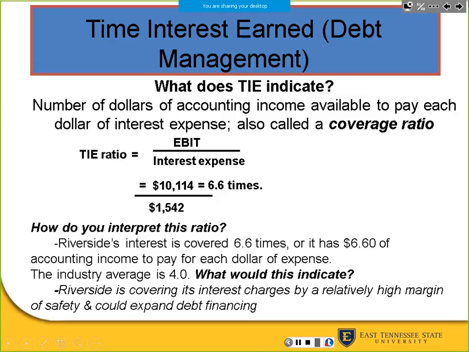So we could expand by maybe taking on a little more debt if that means offering newer equipment or a newer service line or opening up a newer department, whatever the case may be. We could expand our operations a little by taking on just a little bit more debt financing, not too much since the industry average is at 4 and we're at 6, but we have some room for flexibility there in terms of debt financing.